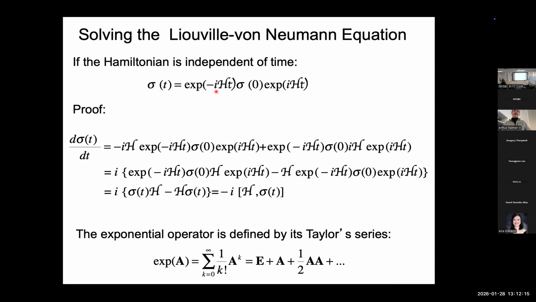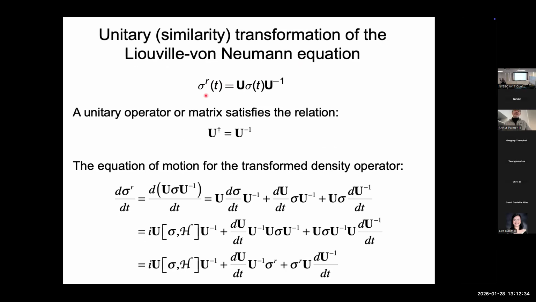So the adjoint of this is its inverse. So this is a unitary operation because the Hamiltonian in quantum mechanics is Hermitian. So that's one example of this kind of procedure.